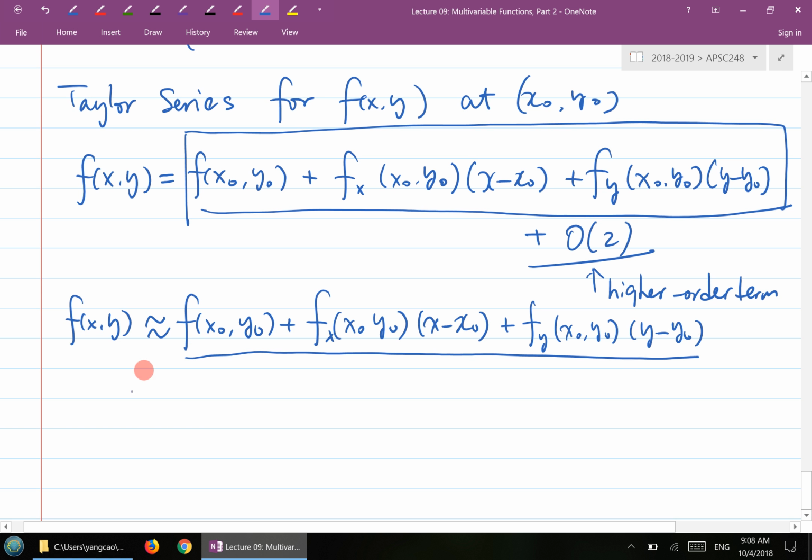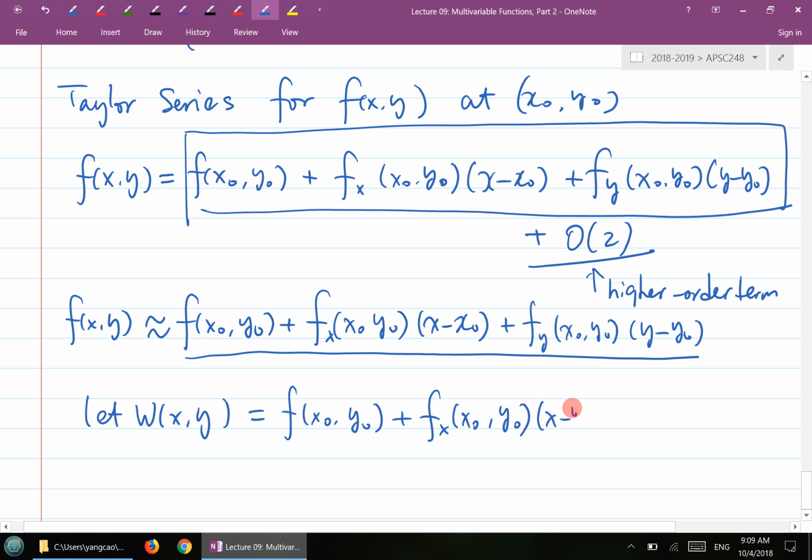So let me define, I'm going to just single out the left side here. I'll let a symbol L equal to, or you can call it W maybe, W of xy equal to the whole right side. Okay, and let's take a look at what this whole thing actually represents.